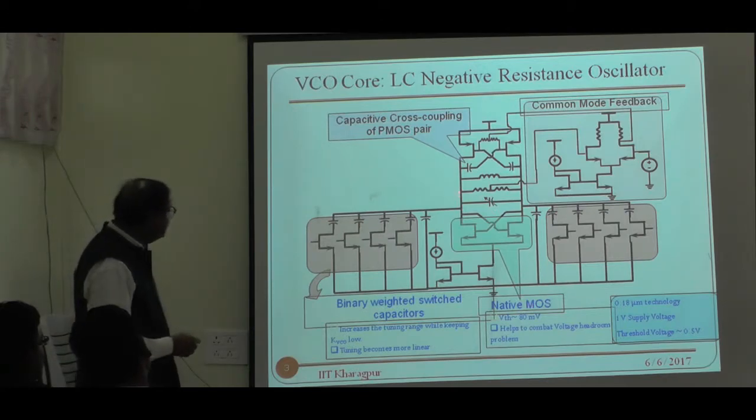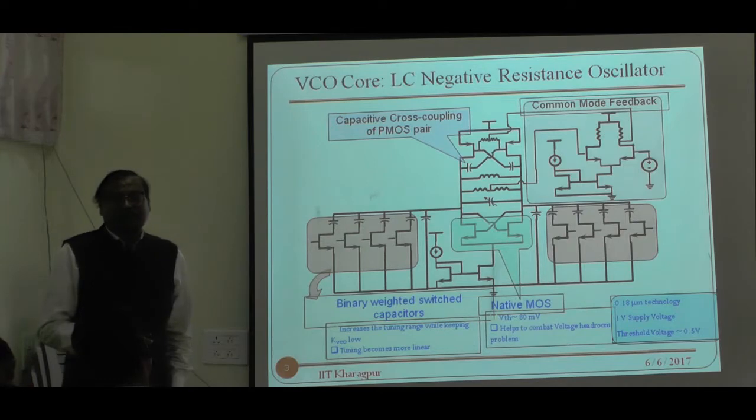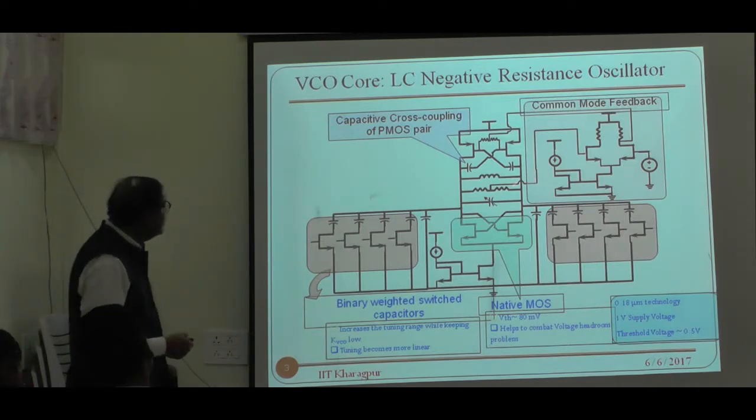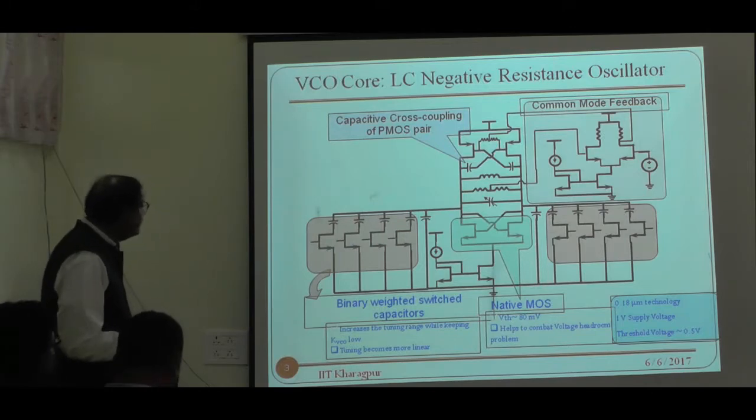That means any unbalanced voltage over here, you can correct by pushing more current through this loop. It is called common mode feedback. So in this common mode feedback, you can control the unbalanced phenomena, that is the voltage across, to make the shape of your output swing perfectly symmetrical.